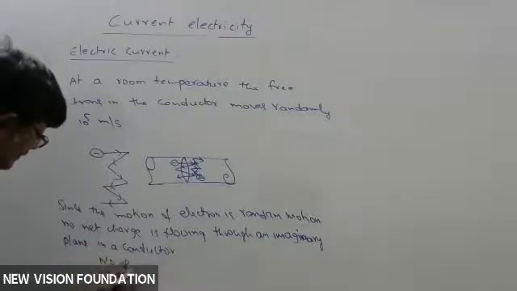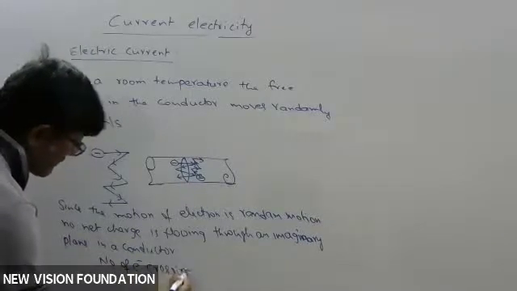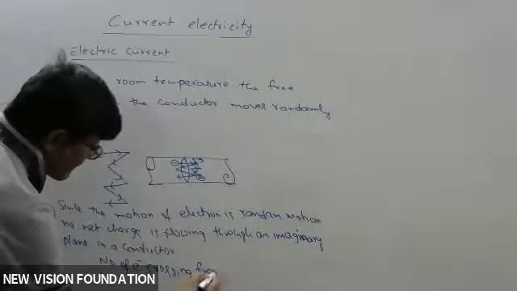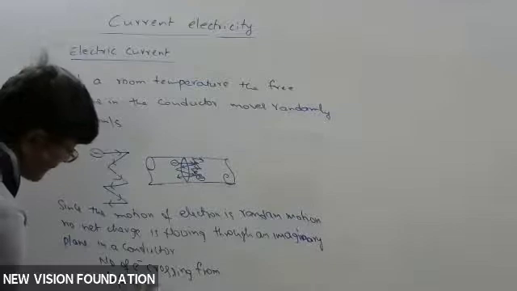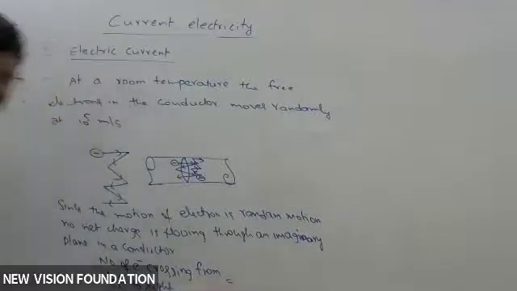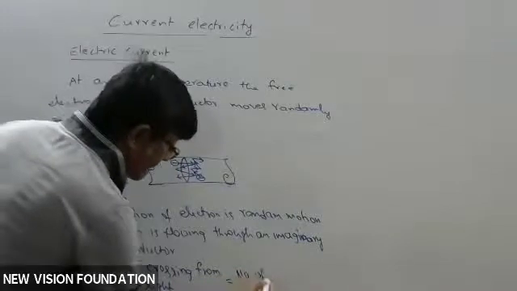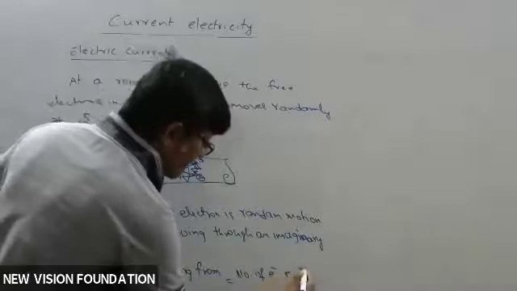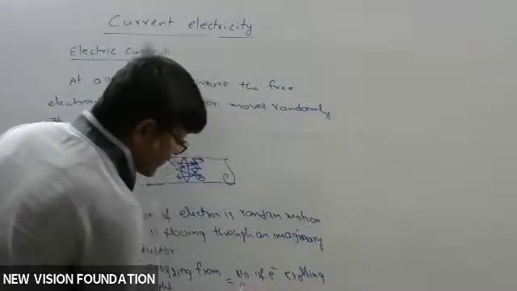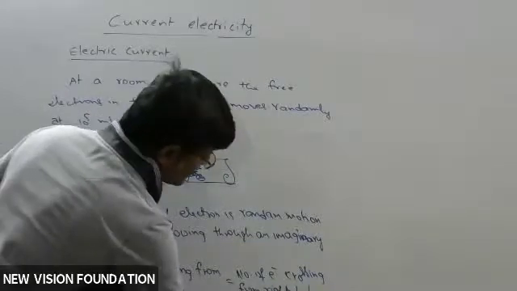Therefore, the number of electrons crossing from left to right is equal to the number of electrons crossing from right to left.